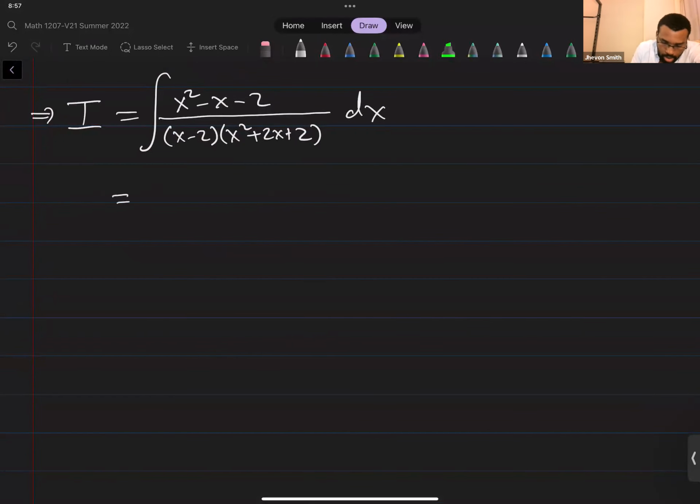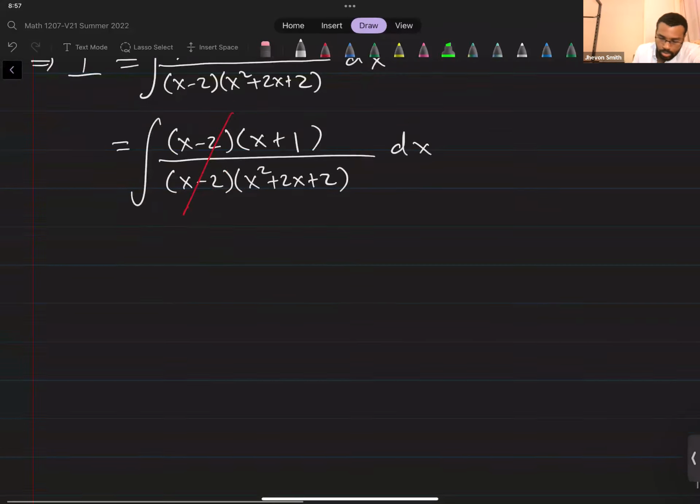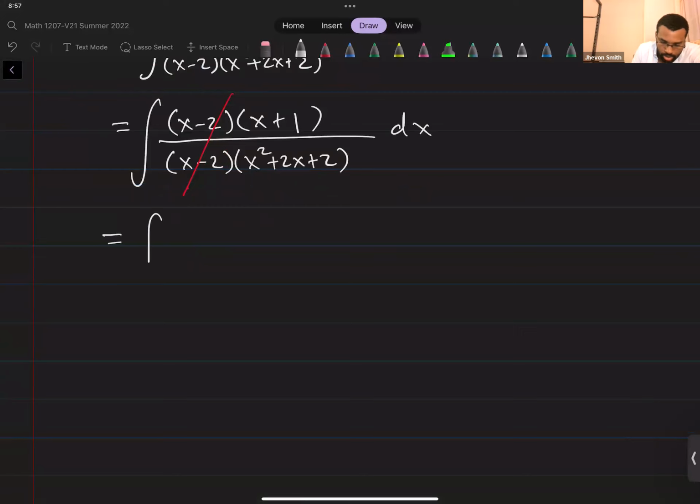Well, I think the numerator also factors. And I want to say it's x minus 2 times x plus 1. So these guys cancel. And so this is just the integral of x plus 1 over x squared plus 2x plus 2. So my original integral simplifies like that.